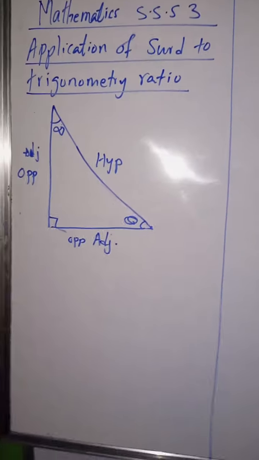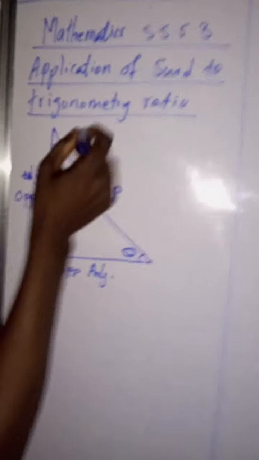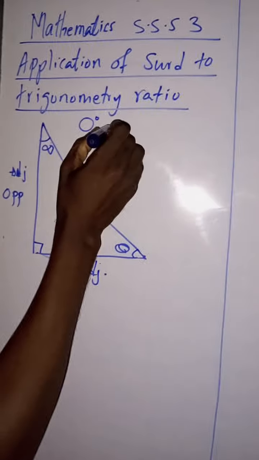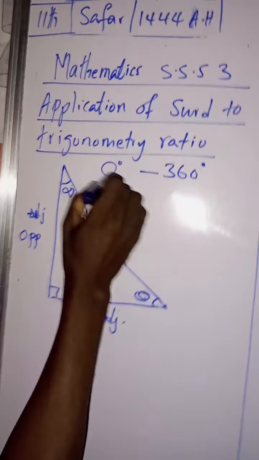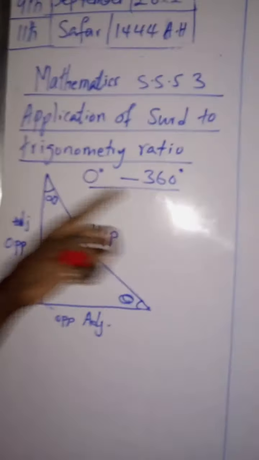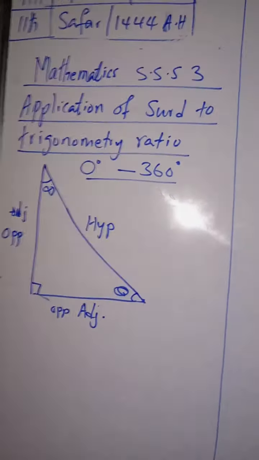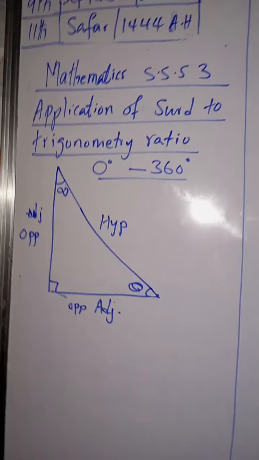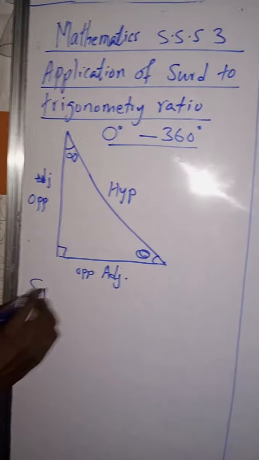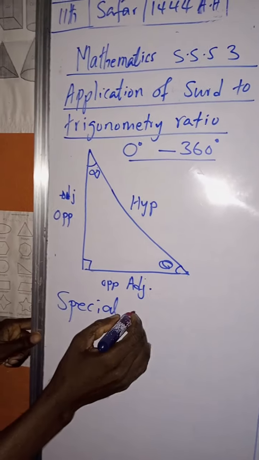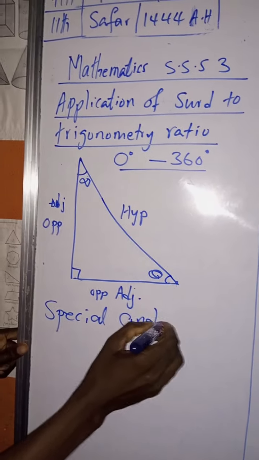Now we want to look at applying them between angle 0 degree to 360 degree. I want to see angles that will fall between this. First, in another textbook, they call them special angles. I call them special angles.